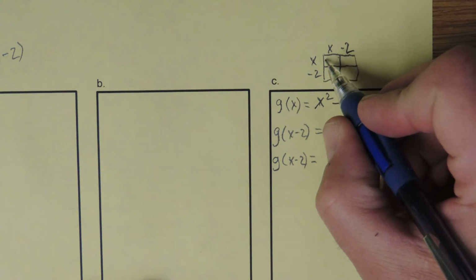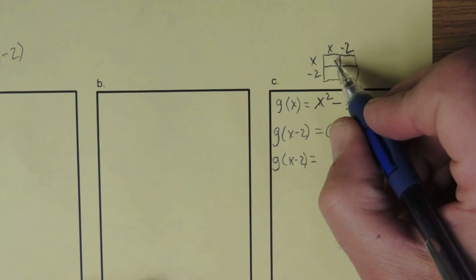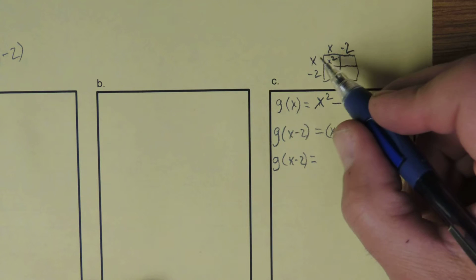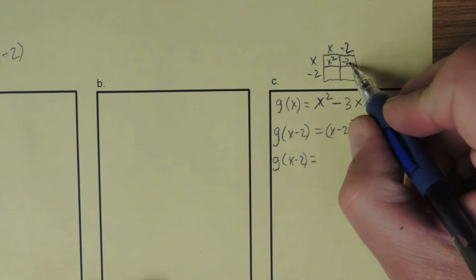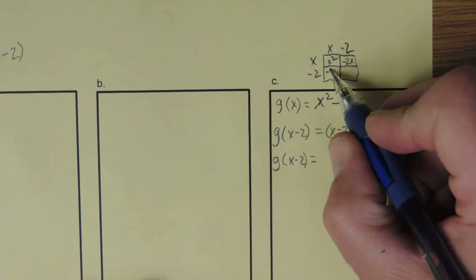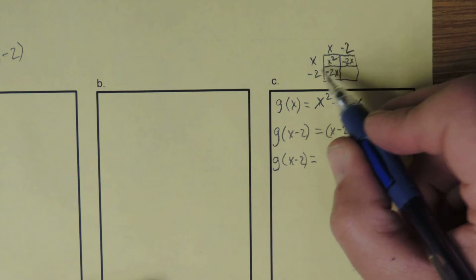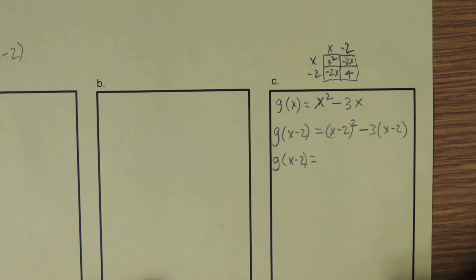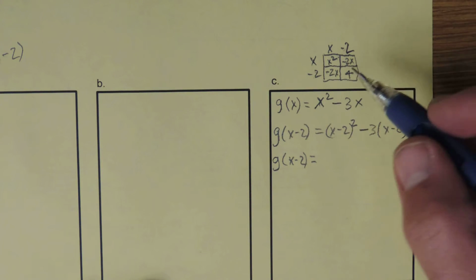X times x, the area of this rectangle is x squared. Negative 2 times x is negative 2x. Same thing down here. Negative 2 times x is negative 2x. Negative 2 times negative 2 is a positive 4. Then I'll just add my like terms.